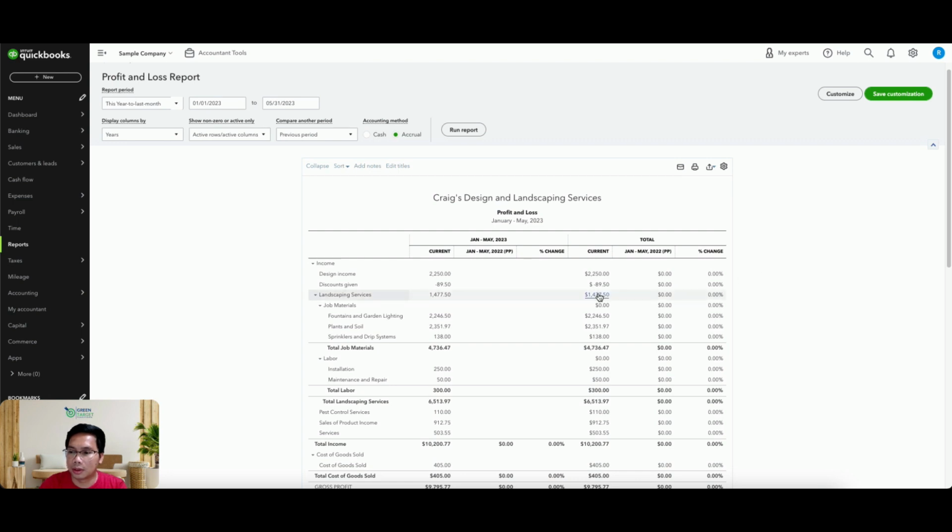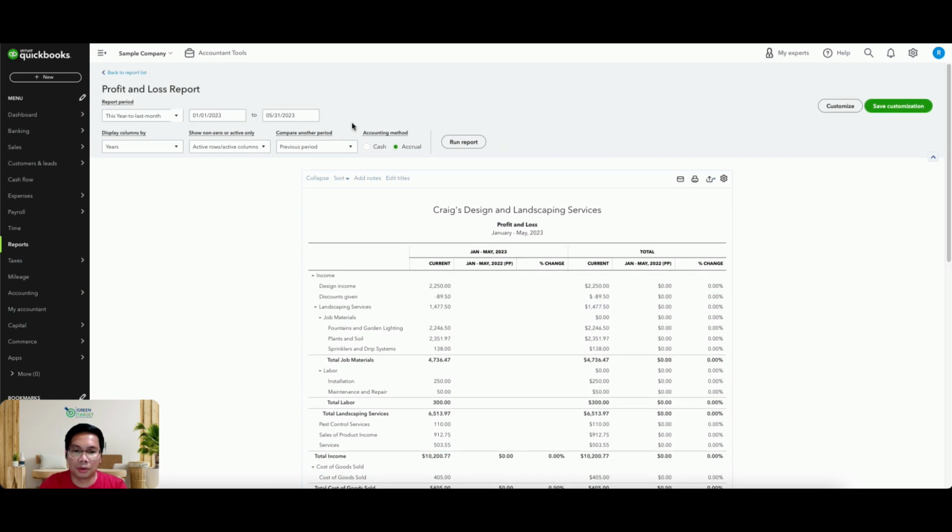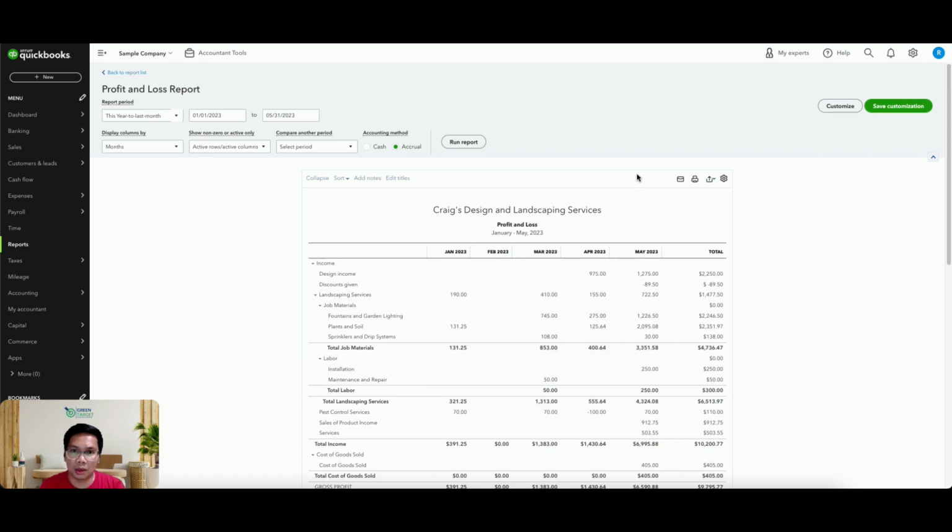So years is better. So if you want to save a report, let's put it back to the way that we want it before. If you want to save a report for quick access, just click Save Customization, type the name that you want, add it to a group or create a new group, and share.